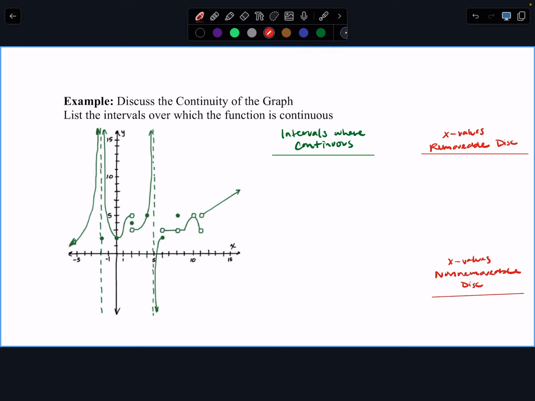You run outside. It's a little old lady-ish. Or put like an infinity symbol underneath it.